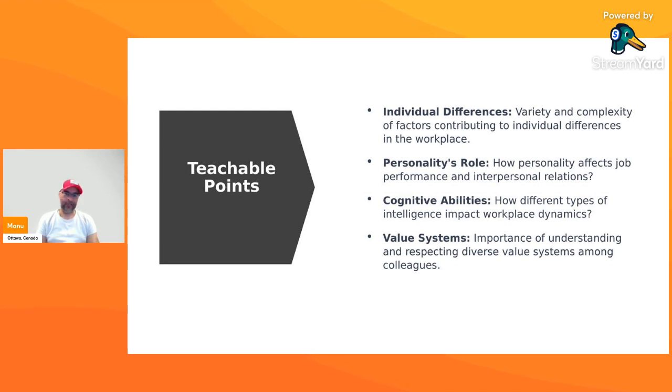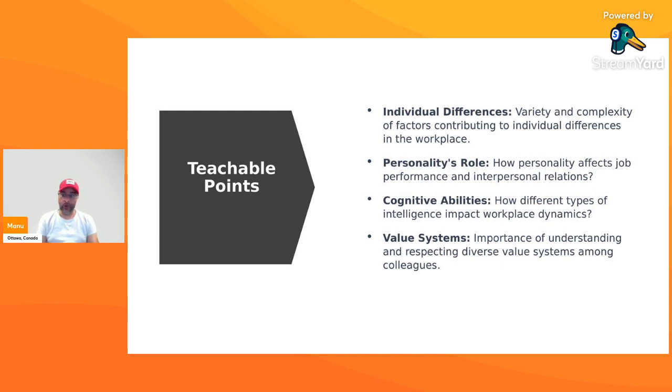We'll talk very quickly about personality and the role of personality, how personalities impact, how different people bring, even within those individual differences on ethnic lines, on preferences, that people have their own personal preferences along cultural lines.